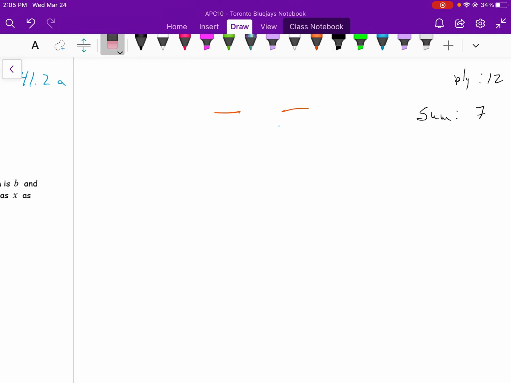Wait. Let's change this around. There we are. What two numbers have a sum of 7 but a product of 12? Now sum just really means add, right? Product means multiply. So what two numbers add to 7 but multiply to 12? 3 and 4. I get it.